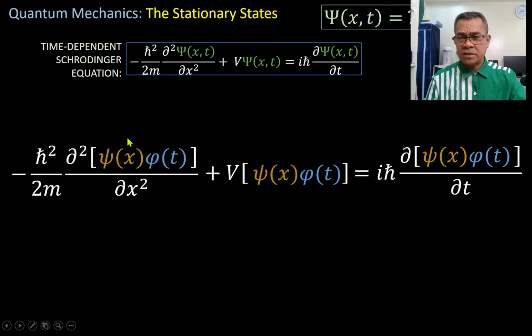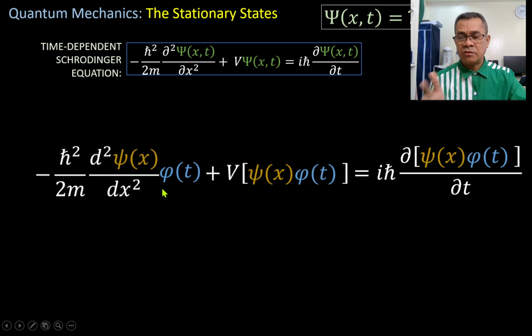And we have this wave function. Now, in this case, only the psi(x) will be affected by differentiation, and the phi(t) does not depend on x. So we can move this out of the equation, and also this partial differentiation will reduce to ordinary differentiation because we have only one variable. So therefore, this will be the outcome.